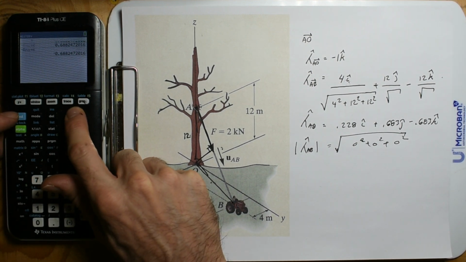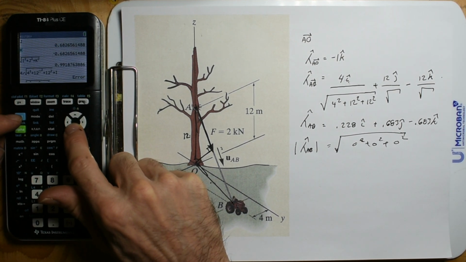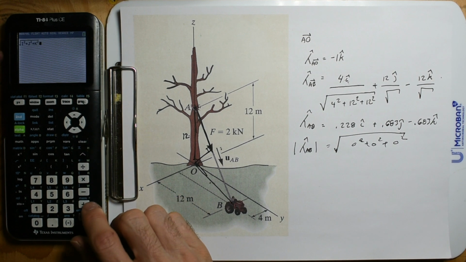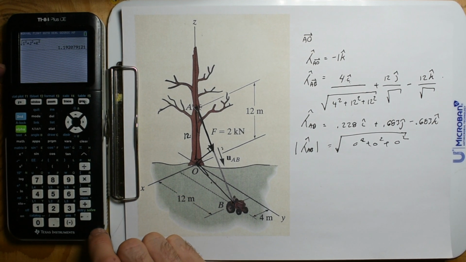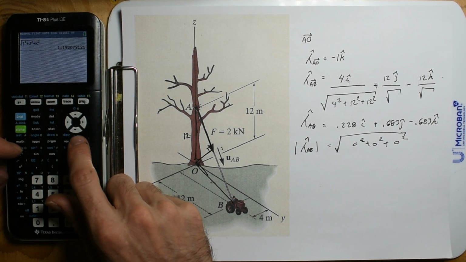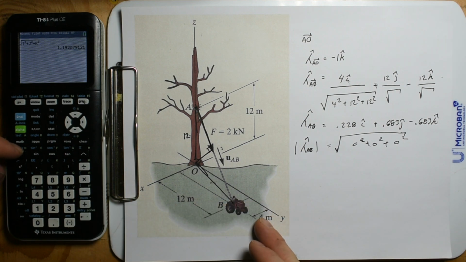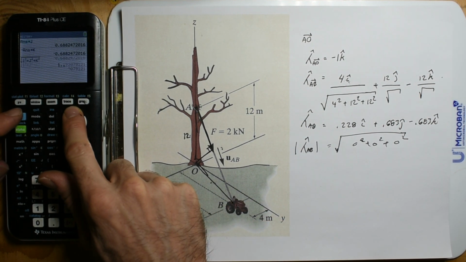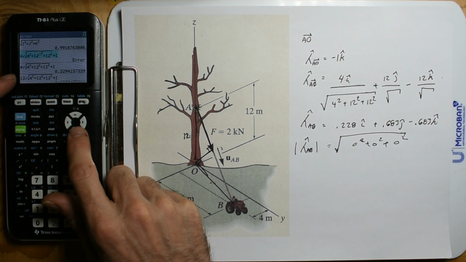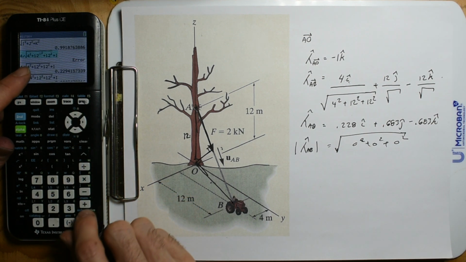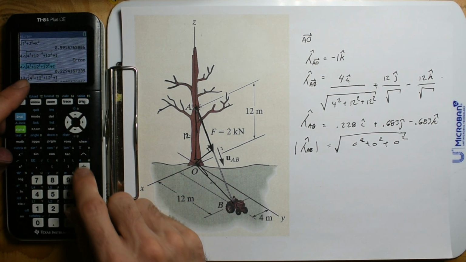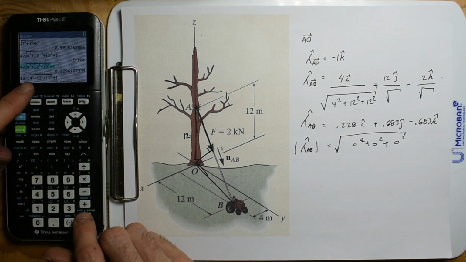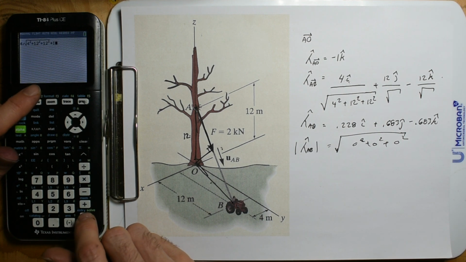Sweet. So now I'm going to pull that square root: I squared plus j squared plus k squared. What happens? What did we do wrong? So we have 4 divided by the square root of 4 squared plus 12 squared plus 12 squared.